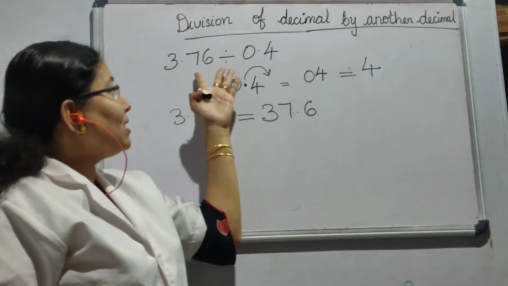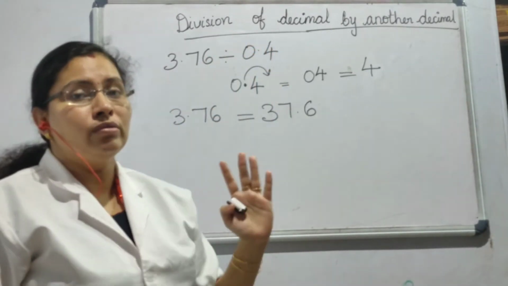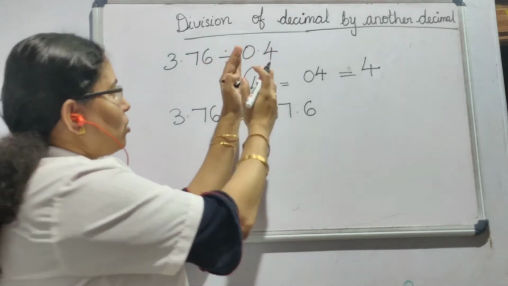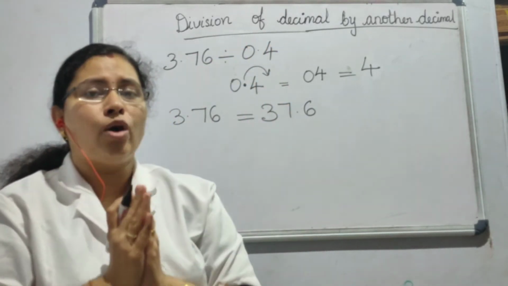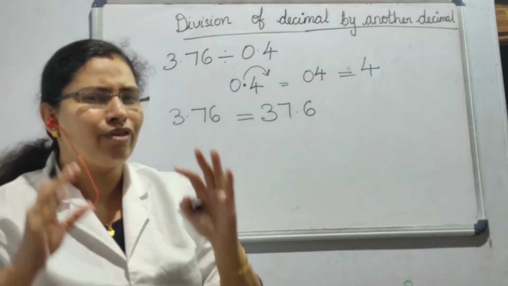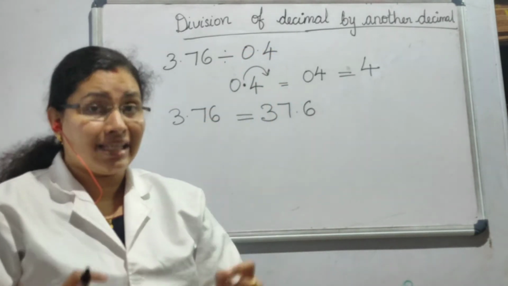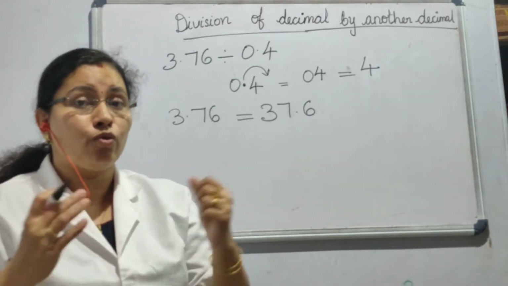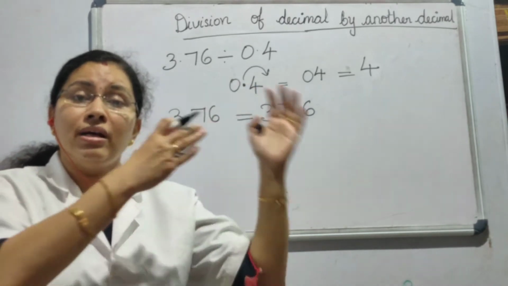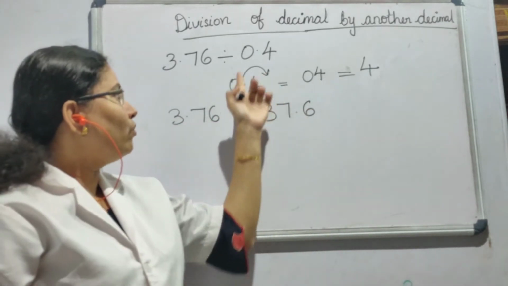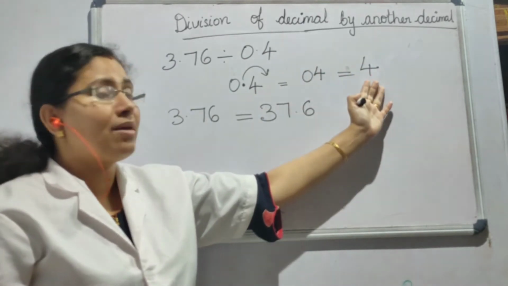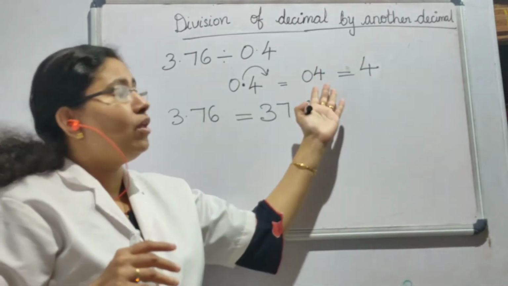Understood? I'll repeat. The numbers were 3.76 and 0.4, both decimal numbers. First we focused on our divisor, 0.4, and we have to make it a whole number. For that, we moved the decimal point towards the right once and got 04.